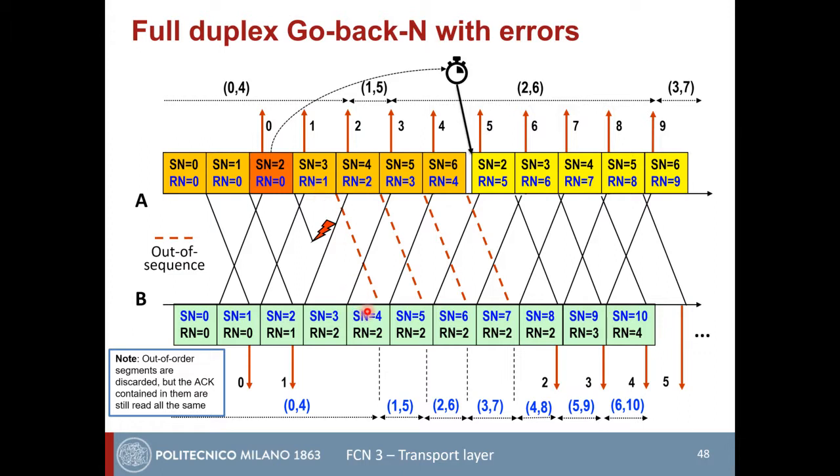It is discarded by B, but you can see that since there is Rn equal to 1, the window of B can slide on by one position. Okay, so before discarding the packet, B reads the acknowledgement number that is contained, because it belongs to the other flow, to its own flow. And you can see that the window of B keeps sliding on for all these steps. Okay.